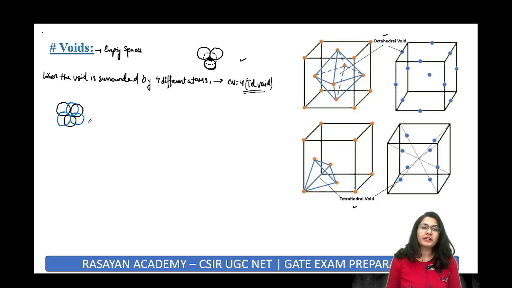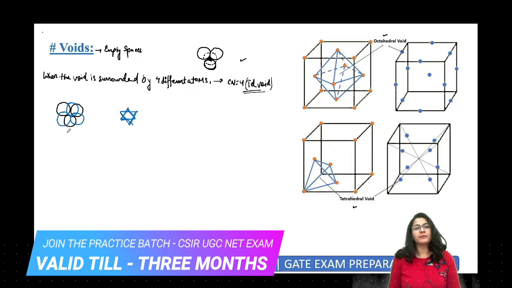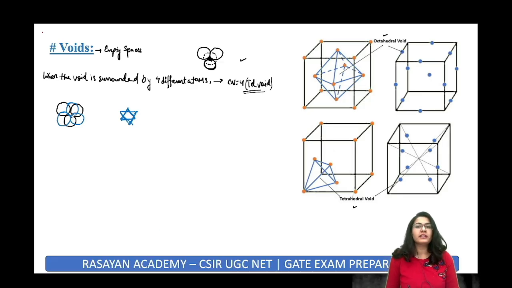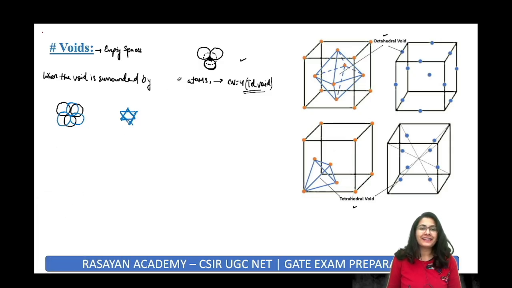If you see the black one, it was forming an inverted triangle like this, and the blue one forms another inverted triangle like this, right? So the space which is present is actually surrounded by 6 atoms. There is definitely a void present over there, and that void is surrounded by 6 atoms, since all the atoms are the same.